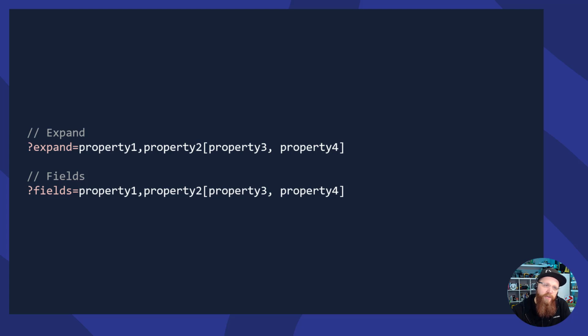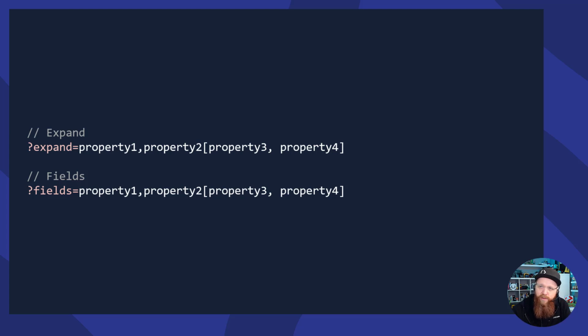We also have some query parameters that are quite useful. So we too have an expansion syntax. Ours is slightly different to the older example that I gave for the content delivery API, but the more recent content delivery API updates also have implemented this expansion syntax as well.